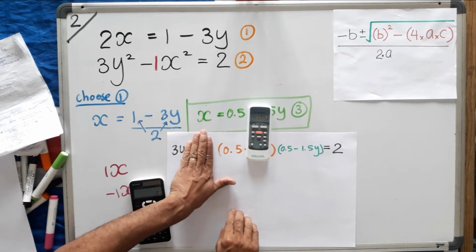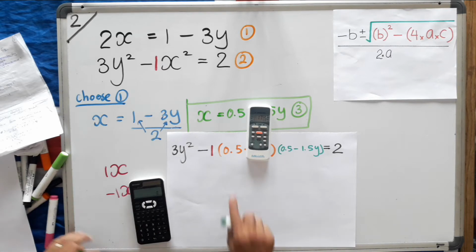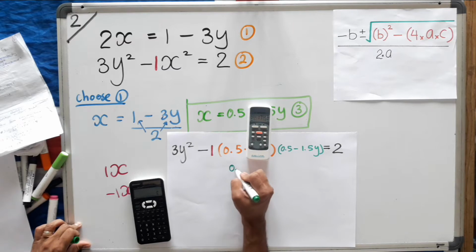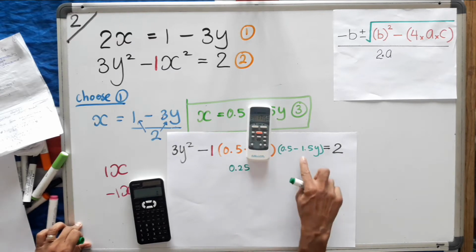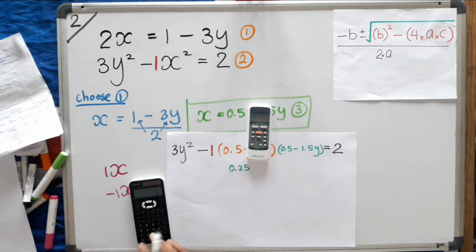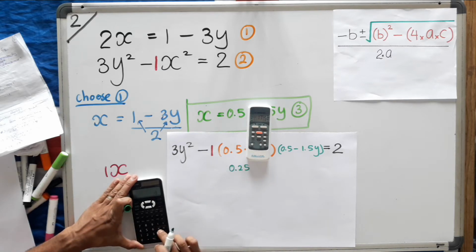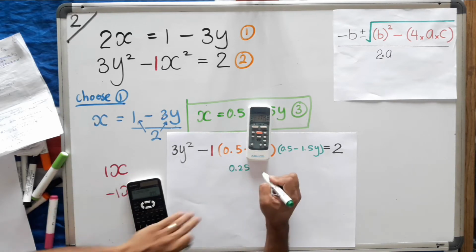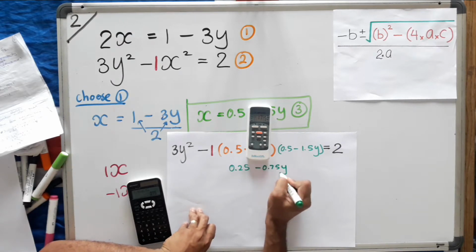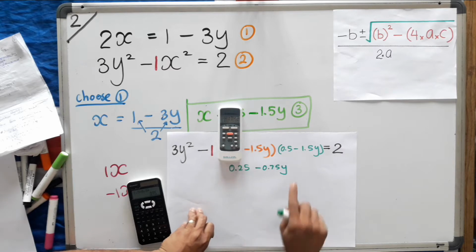Remember, I'm not dealing with the minus 1 at this point in time. 0.5 multiplied by 0.5 is 0.25. Minus 1.5y by 0.5: 1.5 multiplied by 0.5 is minus 0.75y. Let's block him now.